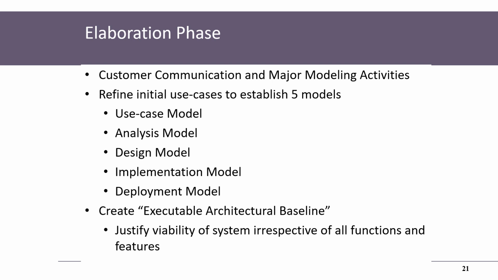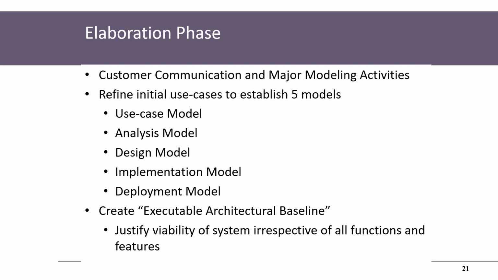So always the initial thing may have been refined, and in the second phase, the elaboration phase, the main objective is to refine them. Finalization will mostly be done in the next phase. So: use case model, analysis model, design model, implementation model, and deployment model. These are the 5 models people may consider.